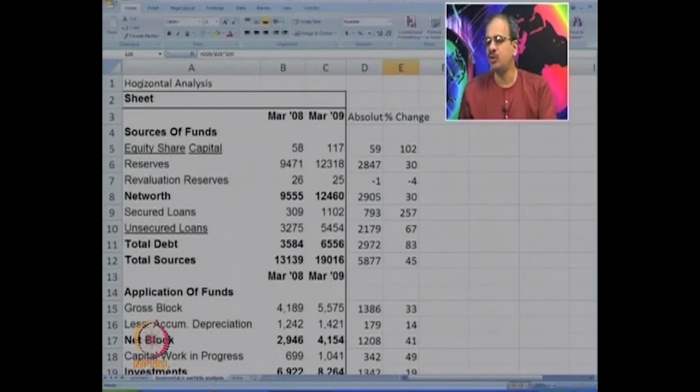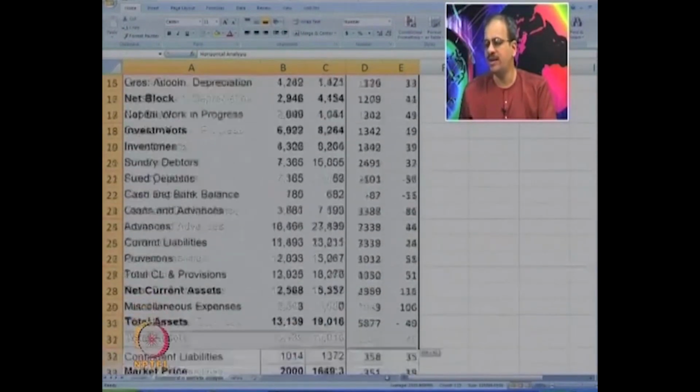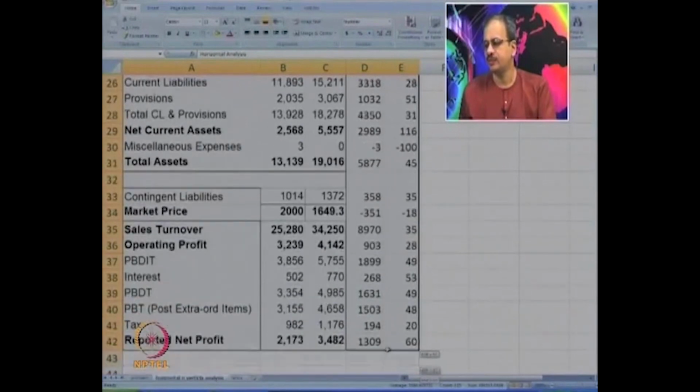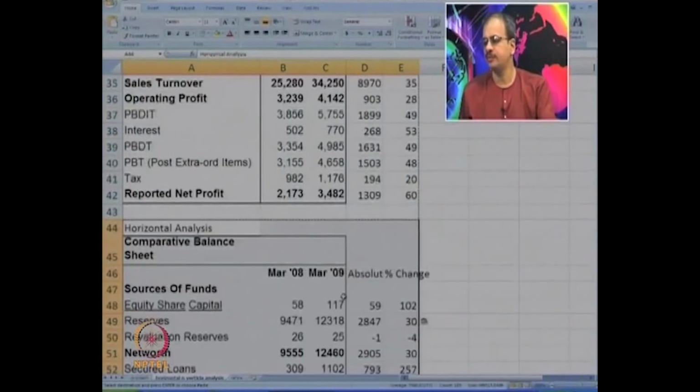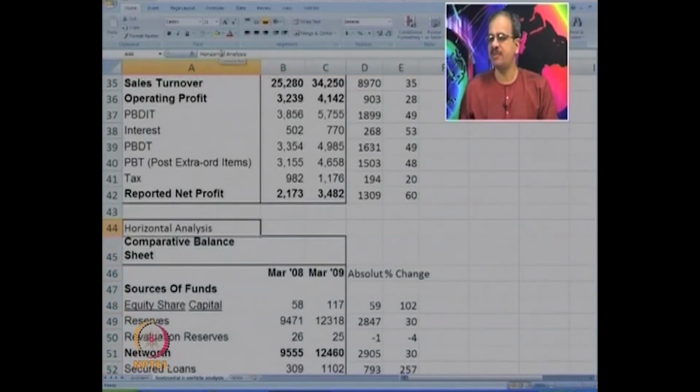Now let us try to repeat it, but now let us do vertical analysis. So do you remember now what is done in vertical analysis? Which statement is prepared in vertical analysis?